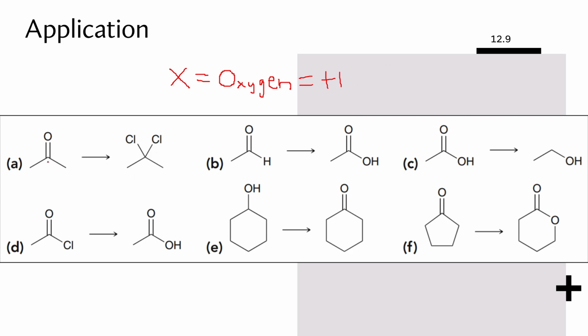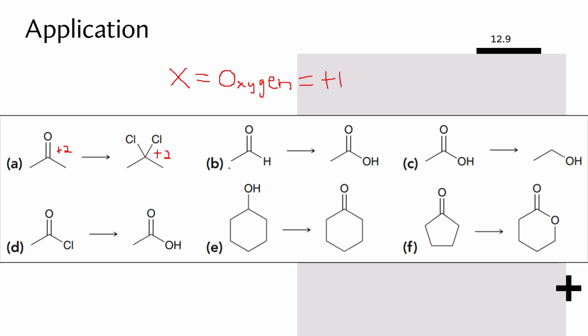So we look over here with this compound. It has a 0 plus a 0 plus 2. So we have a +2. Right here we have a 0 plus a 0 plus a +1 plus 1. This is a +2. This is neither reduction nor oxidation. They both have the same oxidation state.